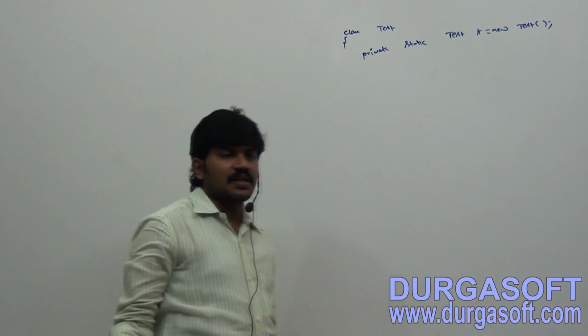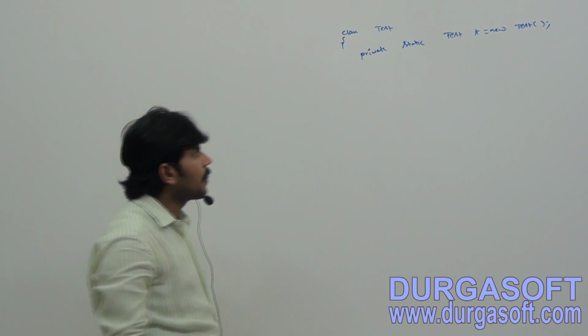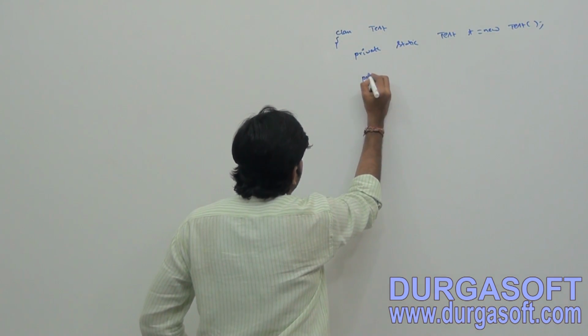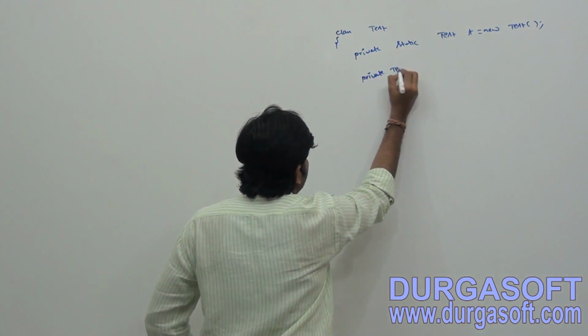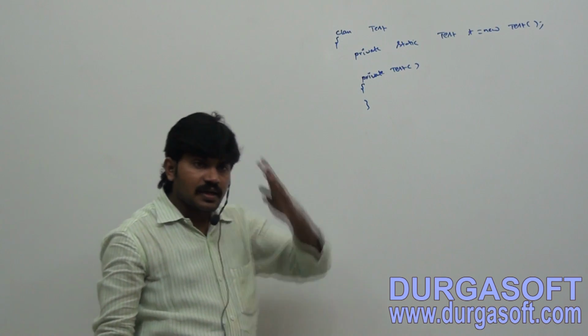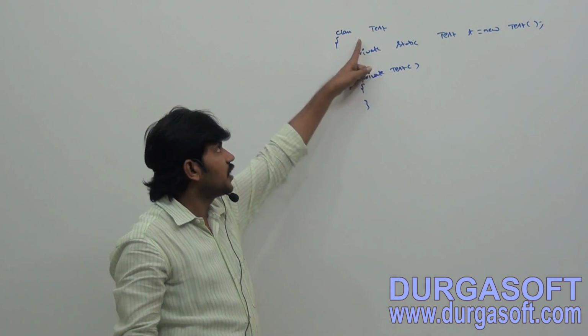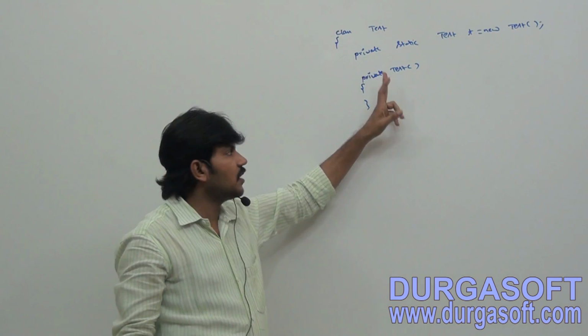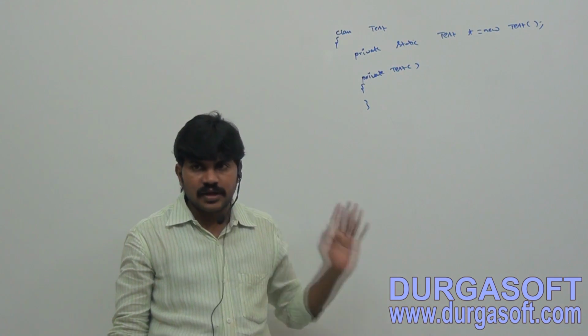Let me take the constructor as private, because if it is not private, an outside person can call it and create as many objects as he wants. Outside of the Test class, he can't call this constructor, so he can't create an object.